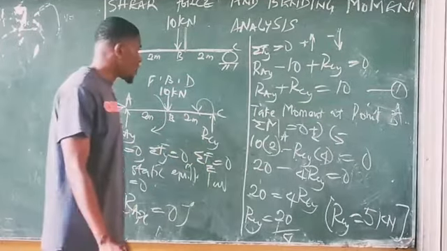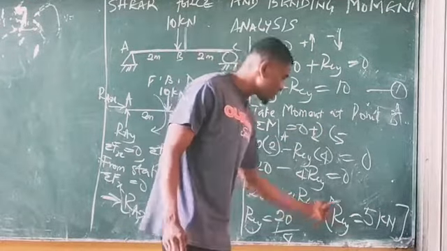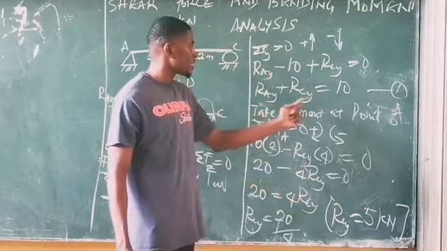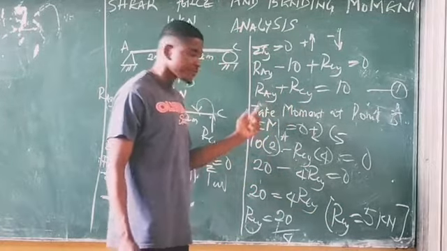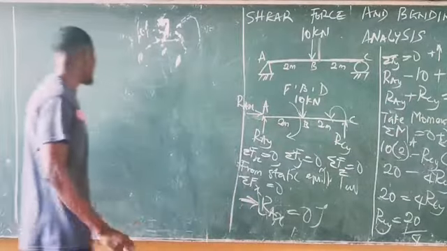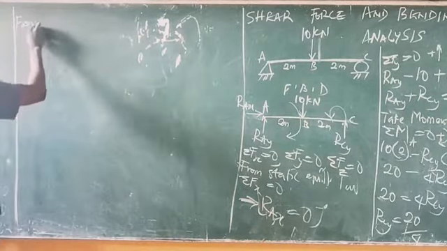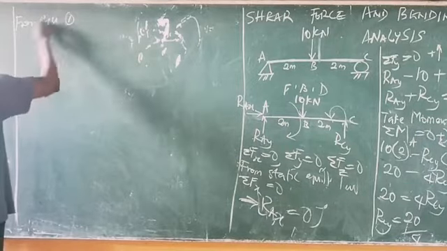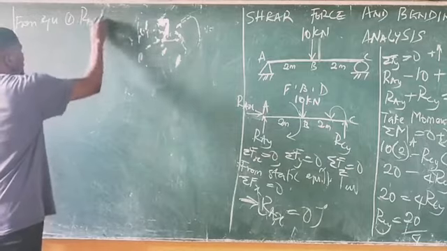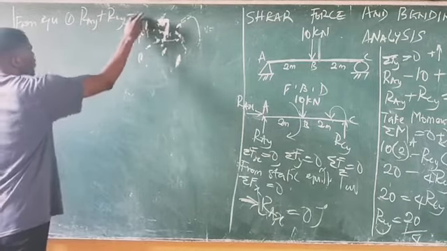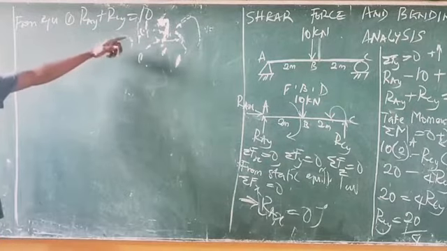Now, knowing RCY, and we have equation 1, we can substitute the value of RCY into equation 1 as 5. Then we can find the value of RAY. Alright, so from equation 1, we have that RAY plus RCY is equal to 10. Already we know RCY is 5.